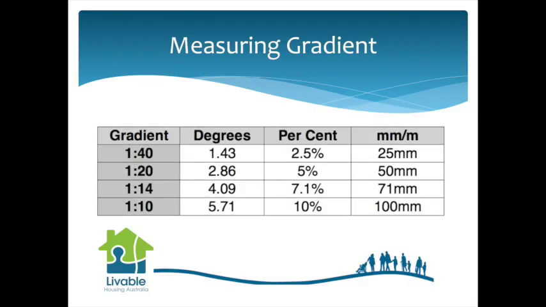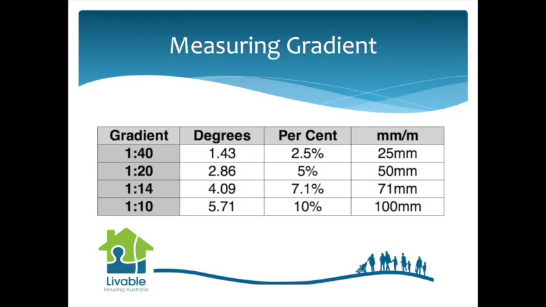So what do these mean? Well, in this table we have a number of different ways of representing the gradient. On the left hand side of the table you have the gradients the way we represent them in the Livable Housing Design Guidelines. The digital inclinometer will measure either degrees, percent, or millimeters per meter.